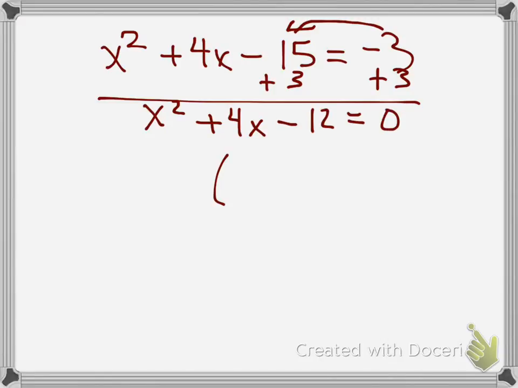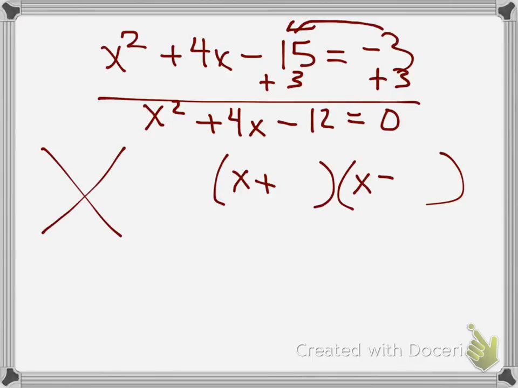Now I can go ahead and go okie dokie. x, x, plus minus is a plus minus. Negative 12 here, 4 here, plus minus. Numbers that multiply to give me 12 are 1 and 12, 2 and 6, 3 and 4.